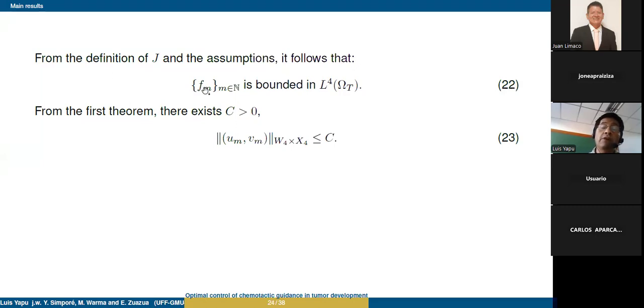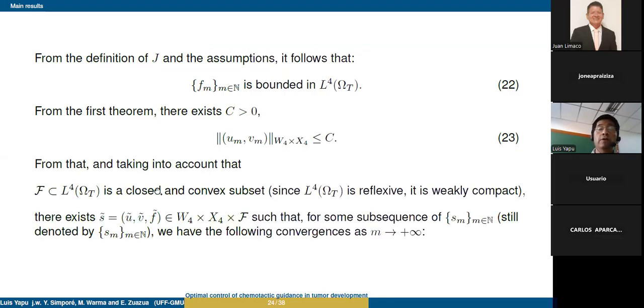One term of the functional was the L4 norm of F. So this also shows that Fm is bounded in the L4 norm. We also have these estimates from the theorem of existence. Then F is a closed convex subset of L4, which is weakly compact because L4 is reflexive.